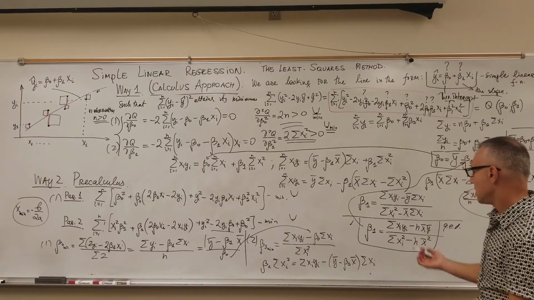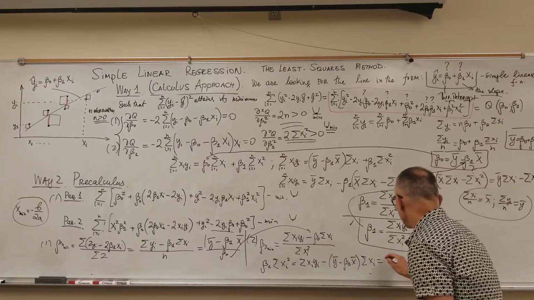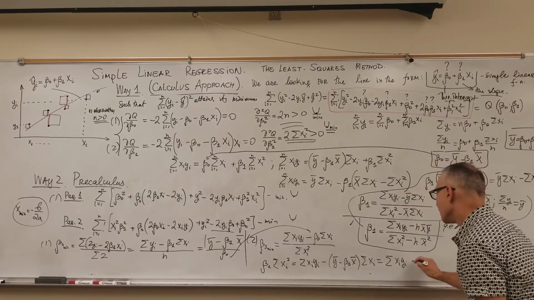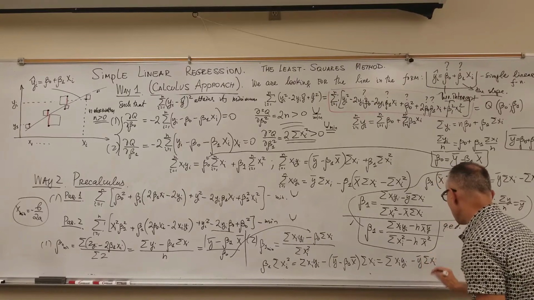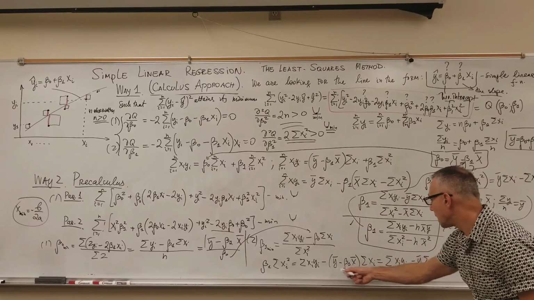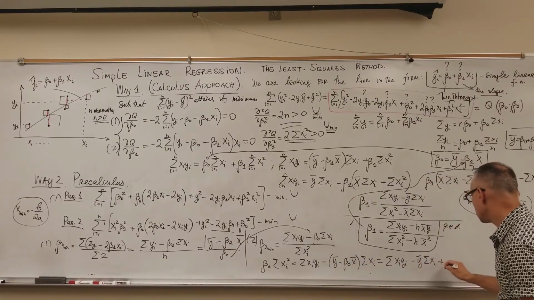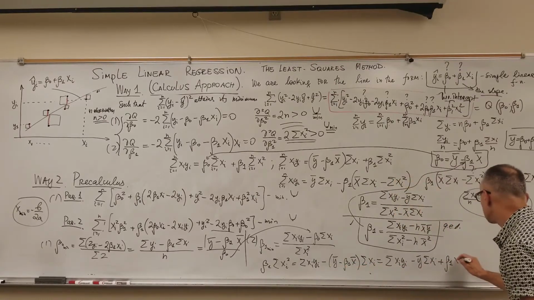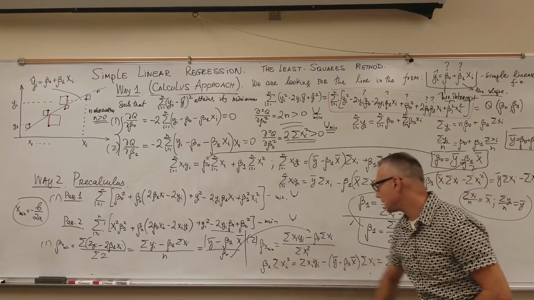We're almost there. It's equal to the summation of xi yi minus y bar summation of xi, plus beta 1 x bar summation of xi.